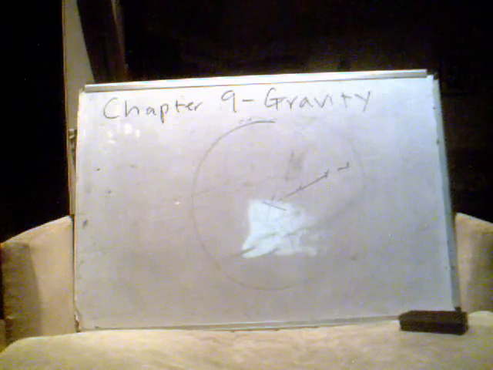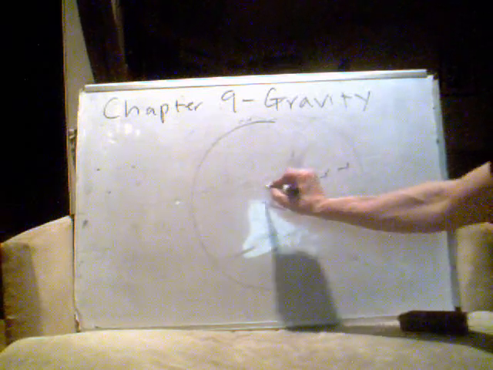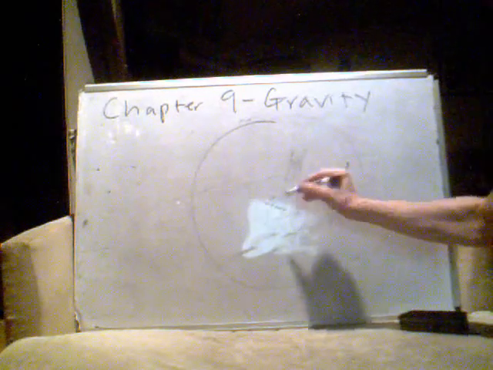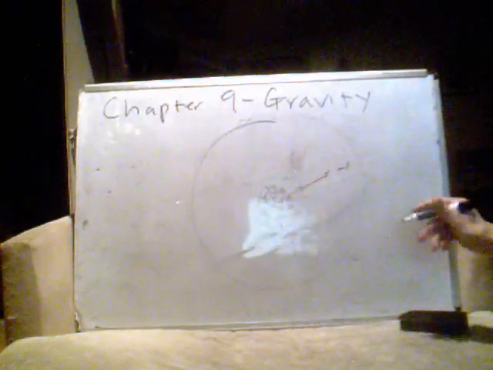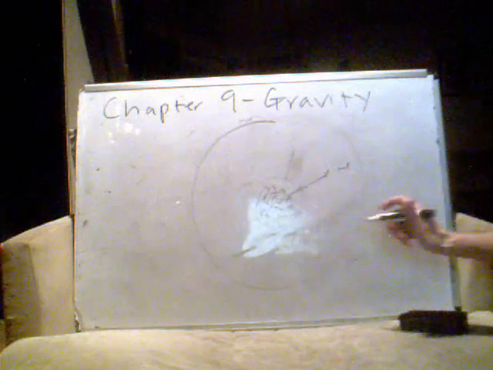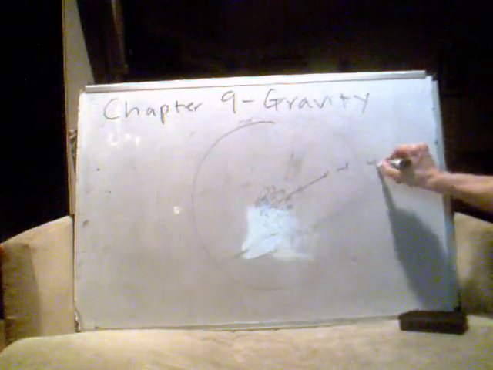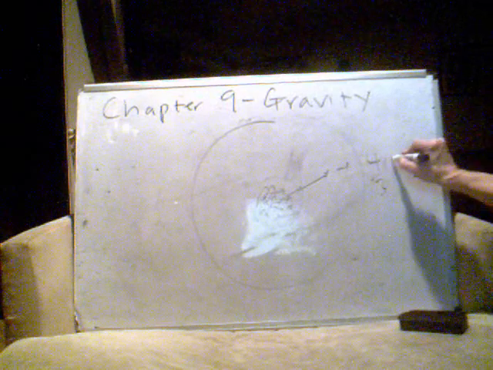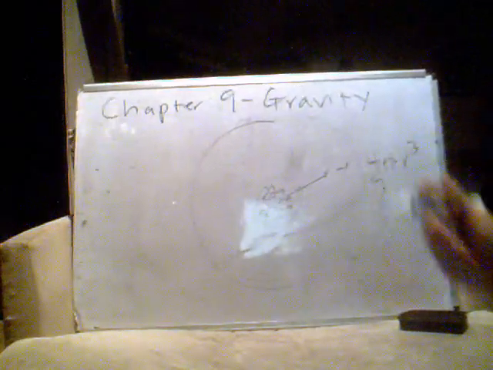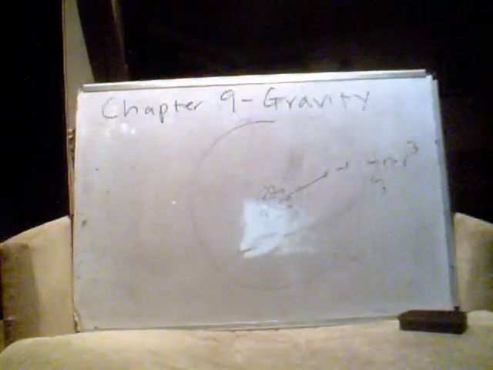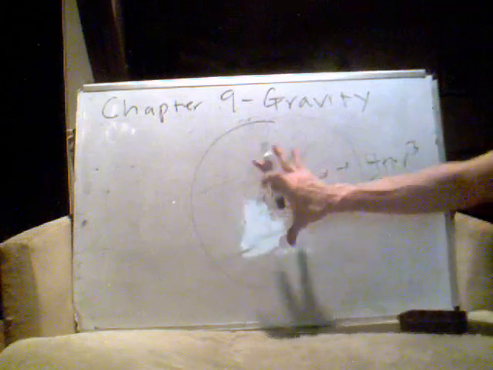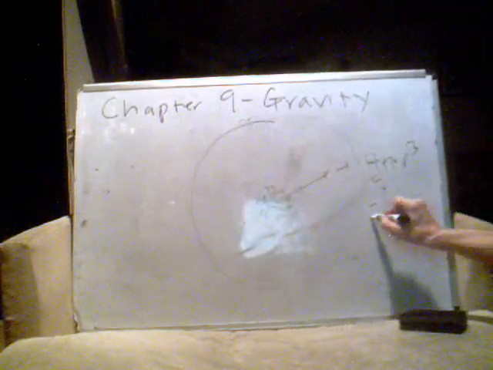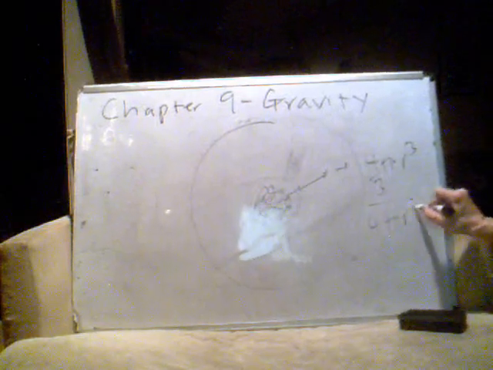The mass of material below us depends upon the volume of the material below us, right? How much stuff is in there. Now, the volume of a sphere is 4/3 pi r cubed, right? And the force of gravity, as we said before, is smeared out over a spherical surface, so that's 4 pi r squared.